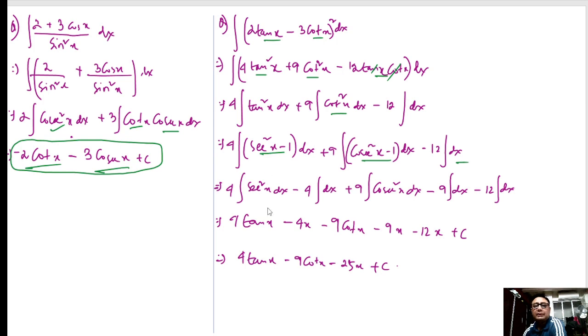Now this can be written as 4 sec square x minus 4 dx, 9 cosec square x minus 9 dx, and minus 12 dx. Okay, so sec square is tan, dx is x, cosec square is minus cot, dx is x, so we are getting this.